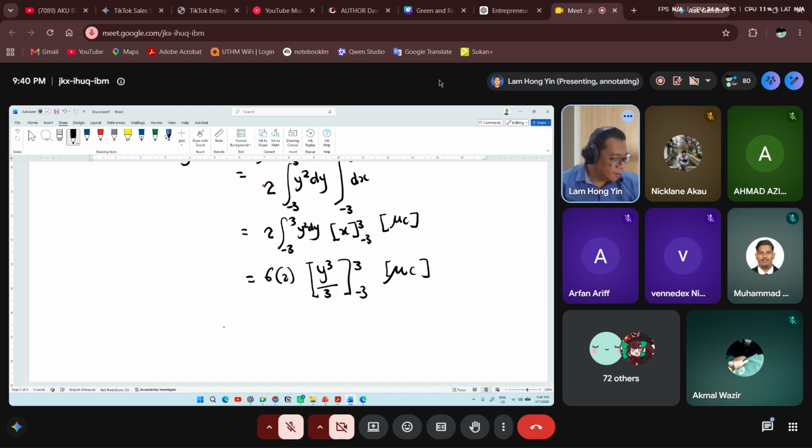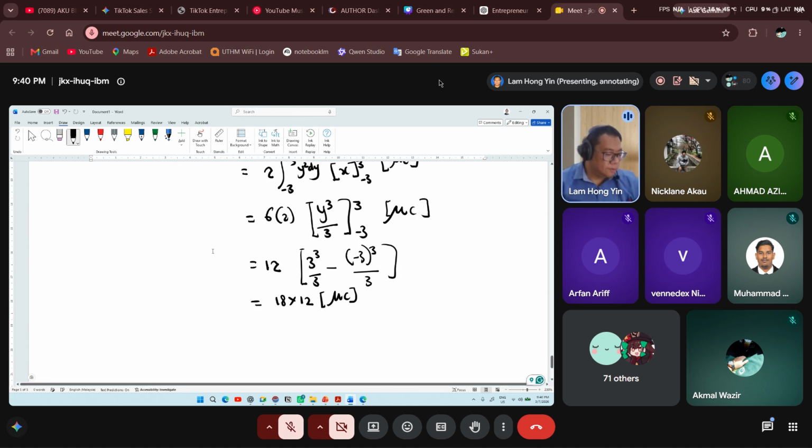We continue. So 12, then 3 power of 3 divided by 3 minus -3 power of 3 divided by 3, right? So eventually I suppose you will have 18 multiplied by 12 microcoulombs.